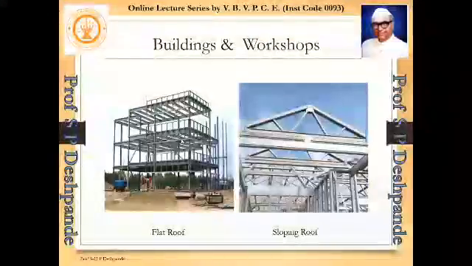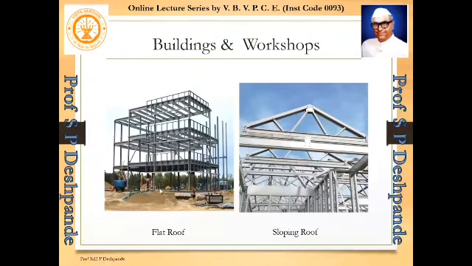Now you will be able to identify which sections these are. From here we see only the line, right? So by referring to the previous slides, you can see this column will be maybe double channel or I section. Here you can see the I section. You can see in the truss. Okay, in the truss, look at this bottom member. Okay, this is a T section.